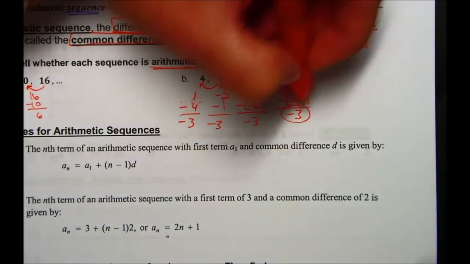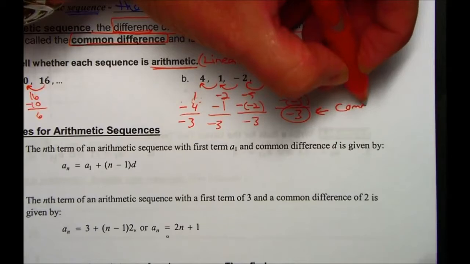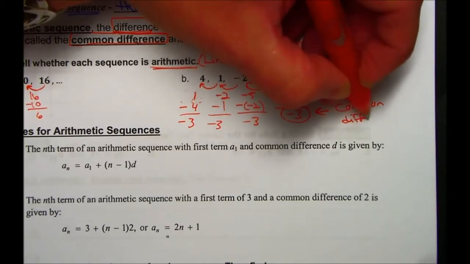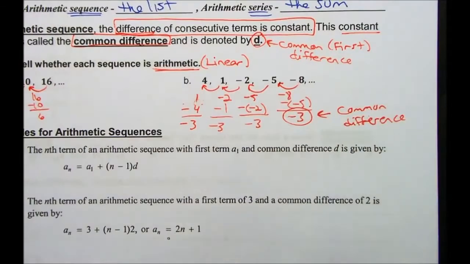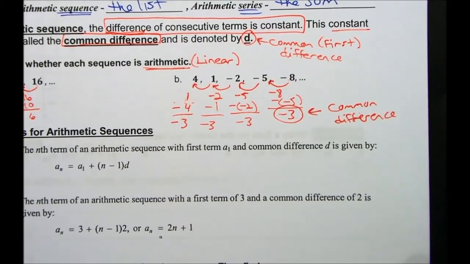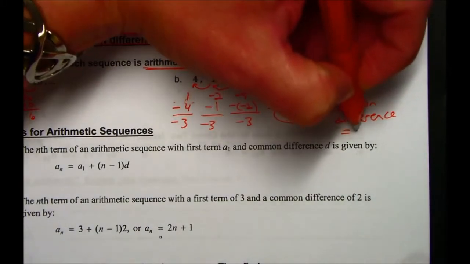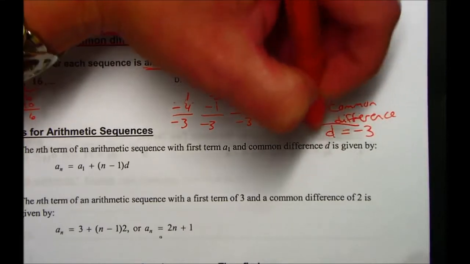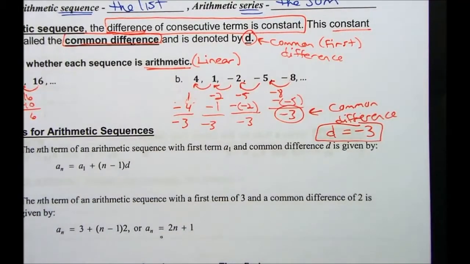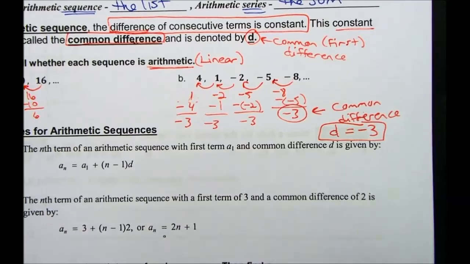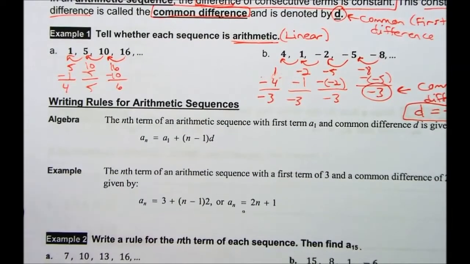So we have a common difference, and it just happens to be a common first difference, which makes it linear, and it also makes it arithmetic, and that common difference would equal negative 3. So in our formulas that we're going to be seeing later on, D is the variable that we use to represent that common difference, and that common difference is going to be negative 3. All right, so that's number 1, how to identify whether something is an arithmetic function or not.